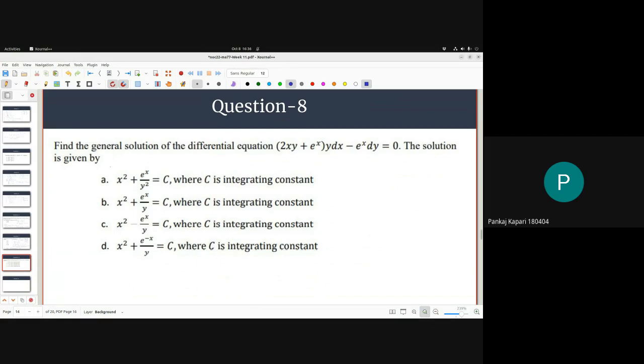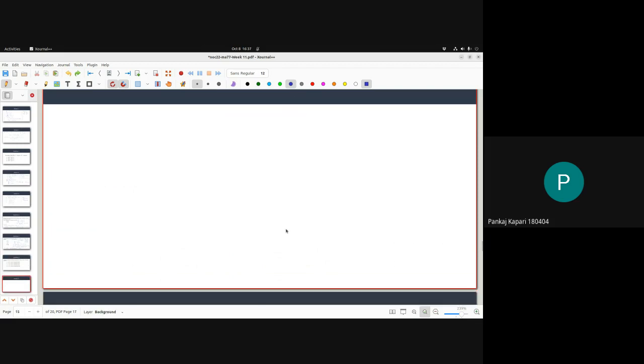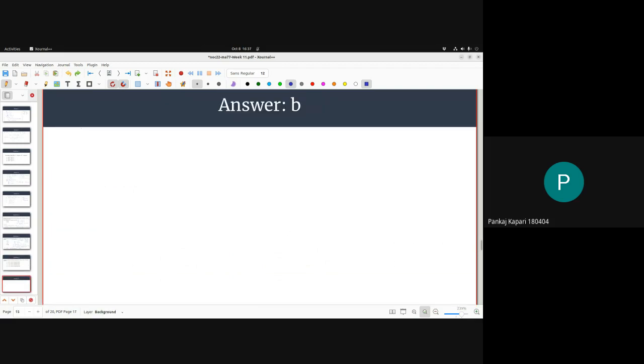Okay, so here we have to find the general solution of this differential equation. If you write it in terms of M dx plus N dy, what is our differential equation?